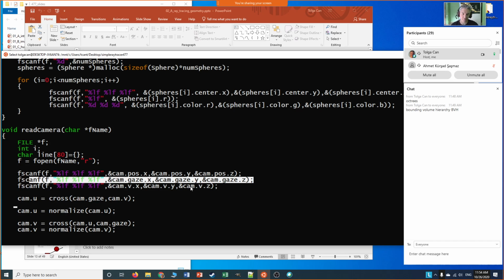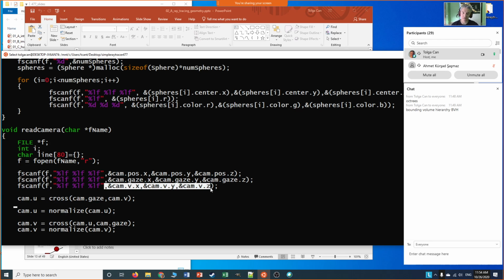I give this as a flexibility for the user because you may want to change gaze in the input, but it may be difficult to compute manually a vector that is orthogonal to it. So for this one I always give 0, 1, 0, to indicate that it's not tilted left and right.